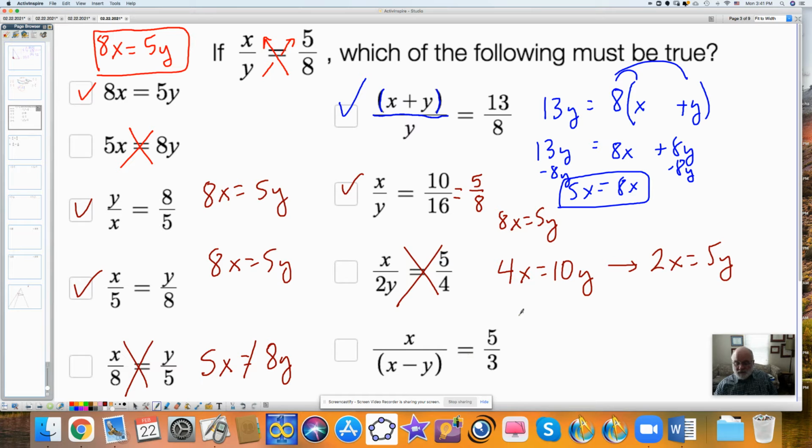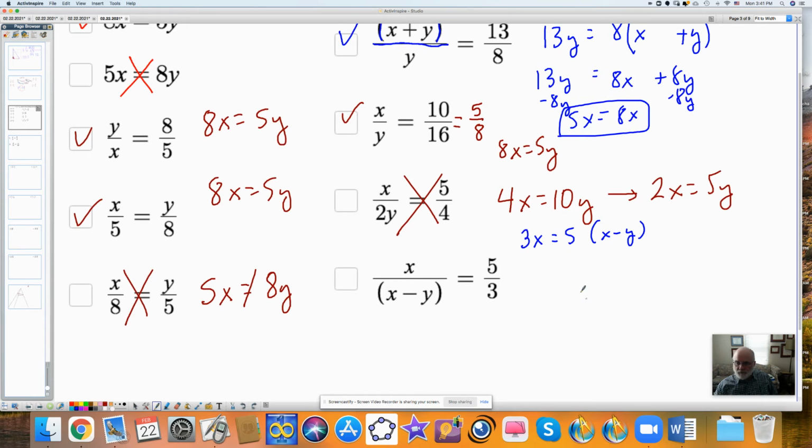And this last one, the same way, you might have a math error if you don't look out. So let's do our math and do it step by step. It's just algebra. 3x is equal to 5 times the parentheses, x minus y. Distribute the 5, and we get 3x is equal to 5x minus 5y.